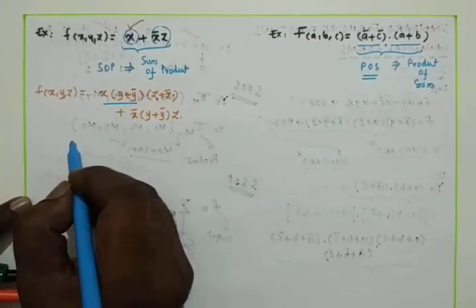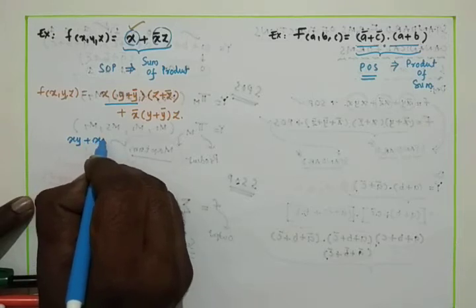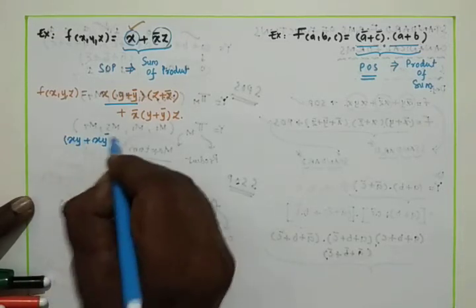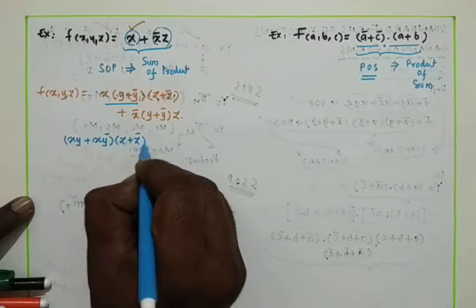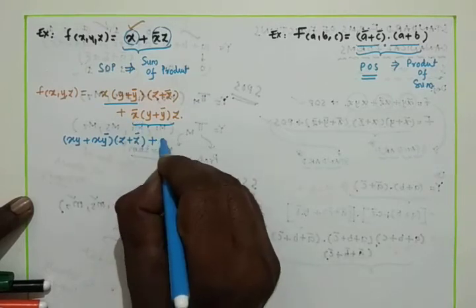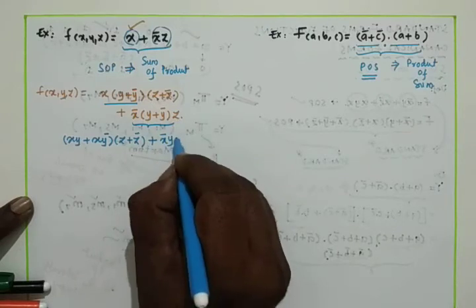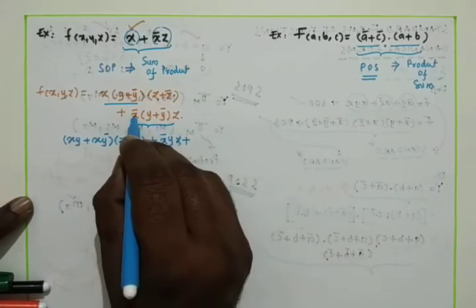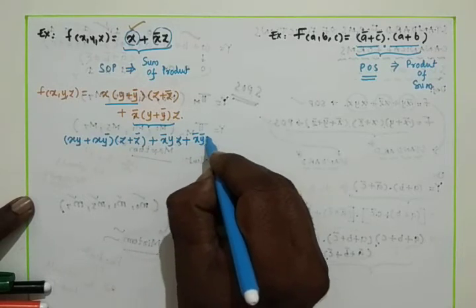Multiply these two. That is, I can have xy + xȳ into, next one is what? z + z̄ remains the same. And next one is what? This term simplifies: this is x̄y z + x̄ȳ z.